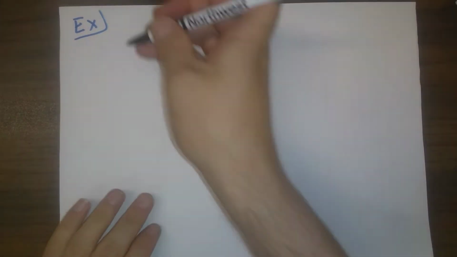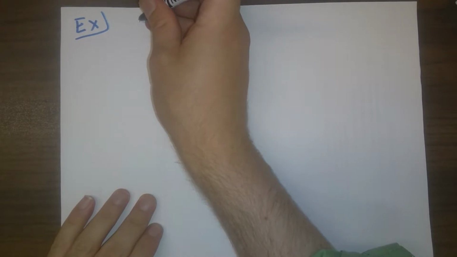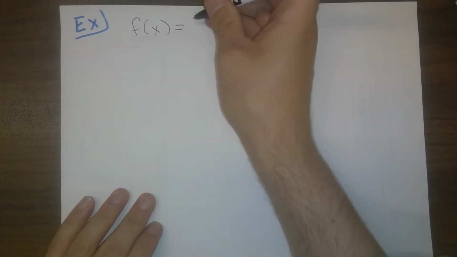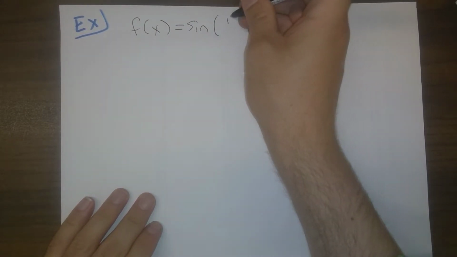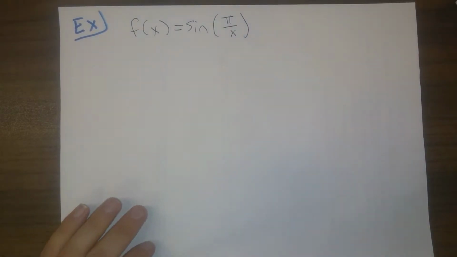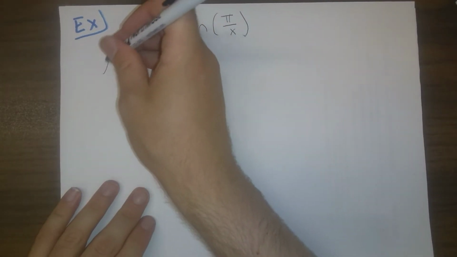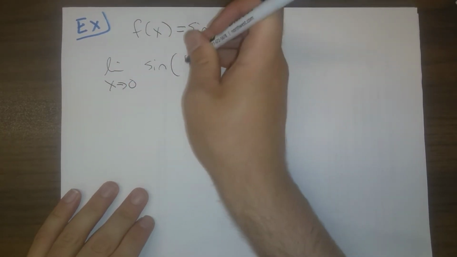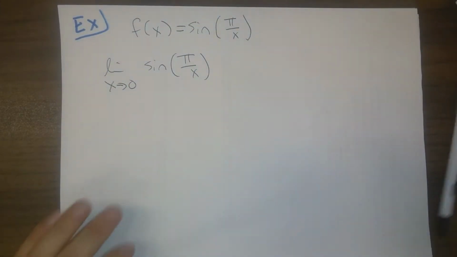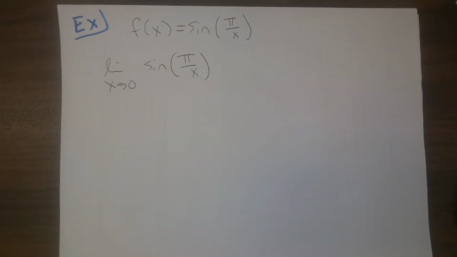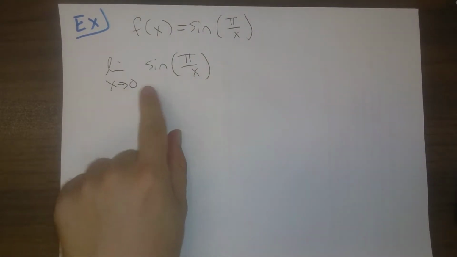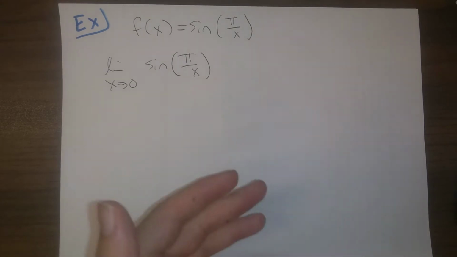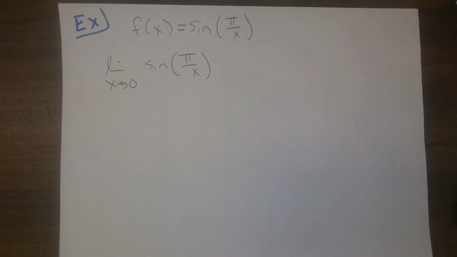So if we were to take f of x is equal to sine of pi over x, and so we ask what is the limit as x goes to 0 of sine of pi over x. Realize that this is a pretty weird thing, that as x is closer to 0, we'd be dividing by 0. So once again, we can't just plug in 0 here.